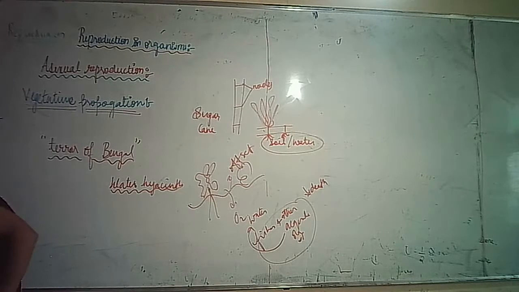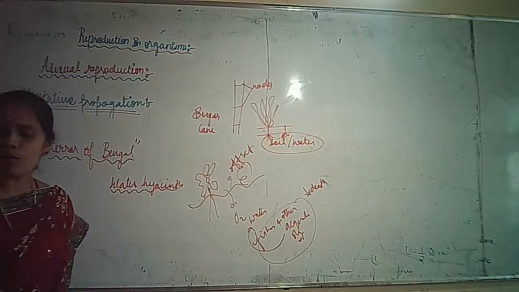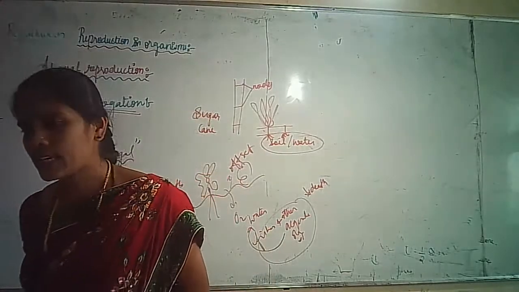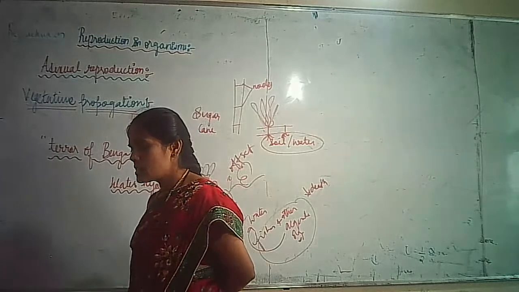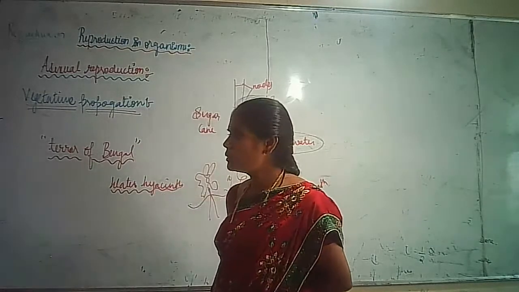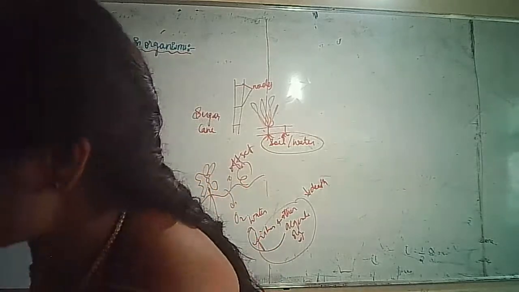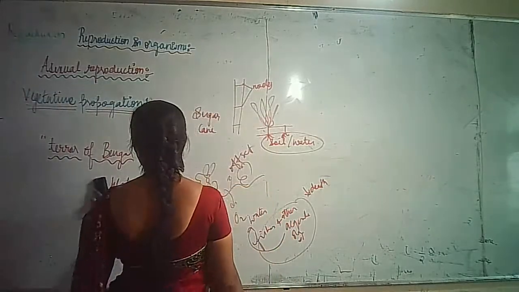asexually reproducing, offsets, runners, and there are so many conditions where different types of plant organisms reproduce asexually. Okay, this is about how asexual reproduction takes place in the form of vegetative propagation.